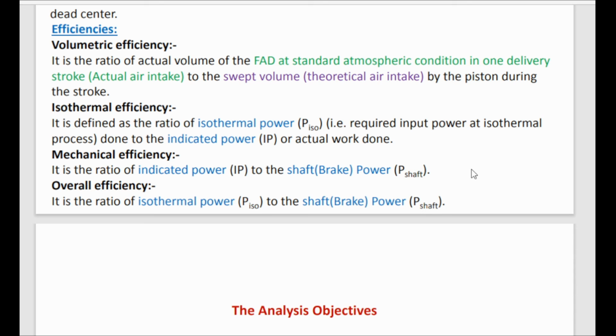The electrical energy minus those losses will be the shaft power, and the shaft power is given to the compressor, that means here the piston. Whatever power is given by the piston to the fluid, that is the indicated power here. And the ratio of indicated power to the shaft power, because obviously there will be some losses while the shaft power is converted to indicated power. So considering that, we can define an efficiency which is called mechanical efficiency.